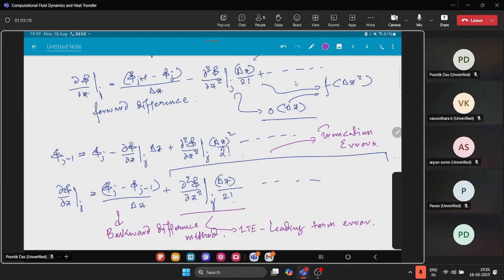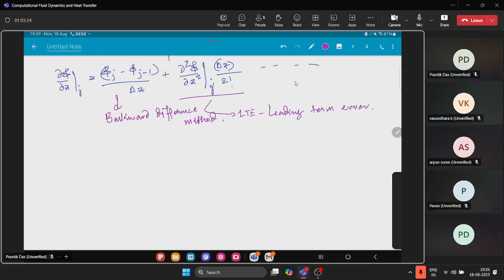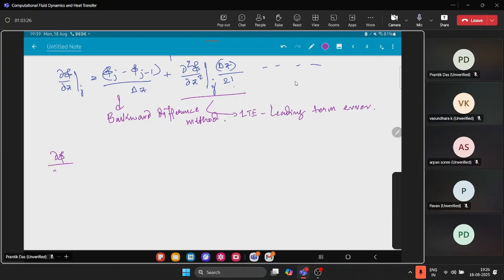Okay. Then we are going to find out the central difference formula also. For central difference, you can find it by the method of undetermined coefficients that I discussed in the previous class, where I multiplied the Taylor series expansions with A, B, and C, and then solved the linear equations in order to find the values of the constants.